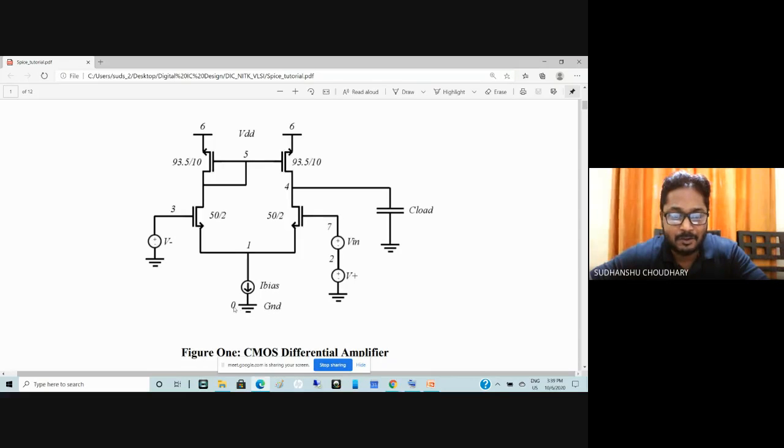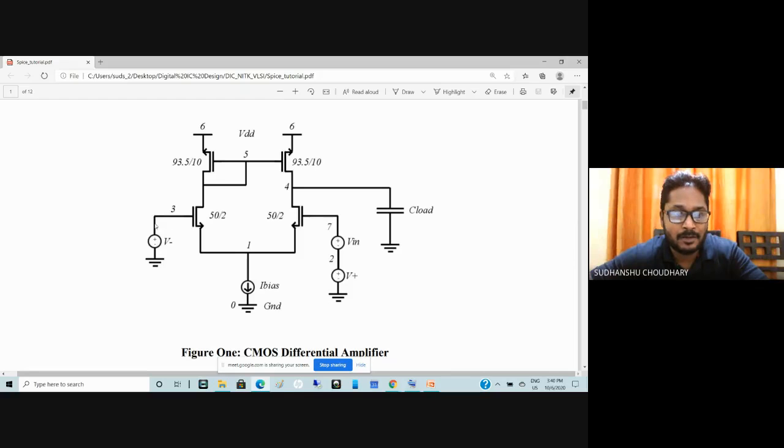So ground and 0 are reserved for ground connections, and VDD is always reserved for the VDD connection, right? So let me say that my node number 0 is appearing here. Then this is node number 1. Between 0 and 1, I have a current source, I bias. And then between 0 and 3, one can say.